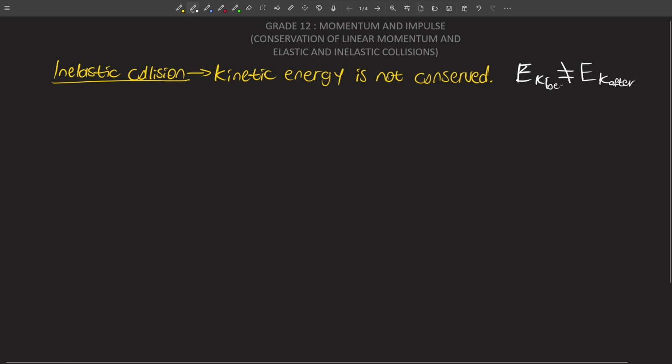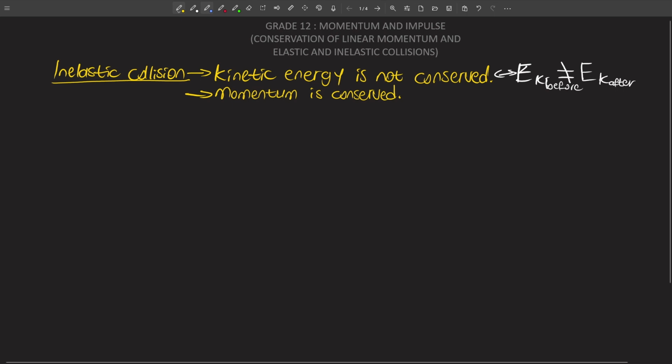And another important thing we should know is that momentum is conserved.